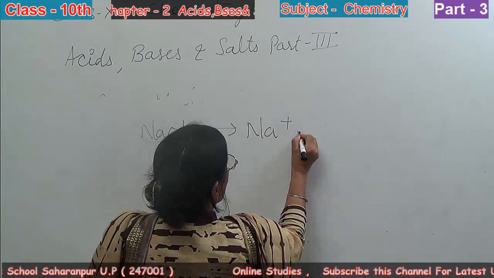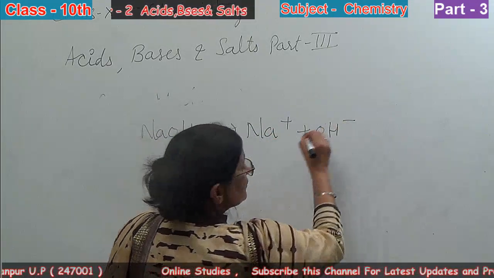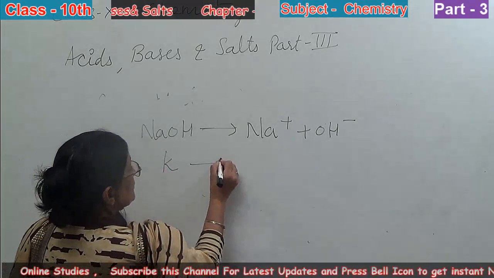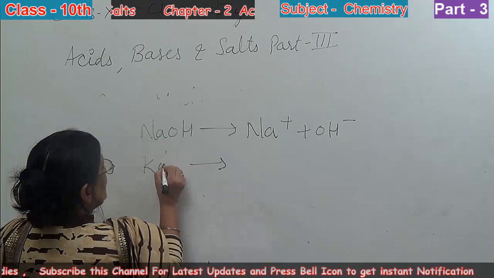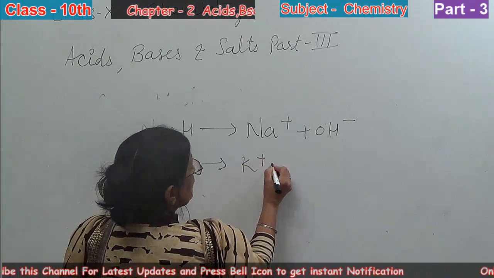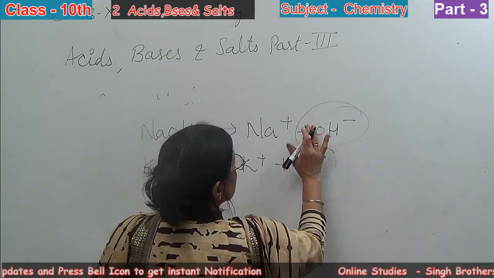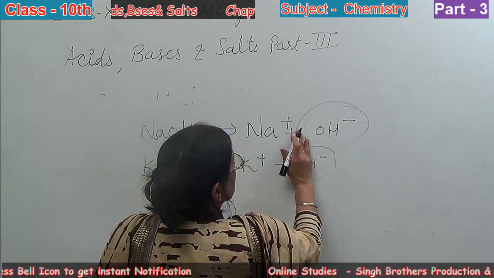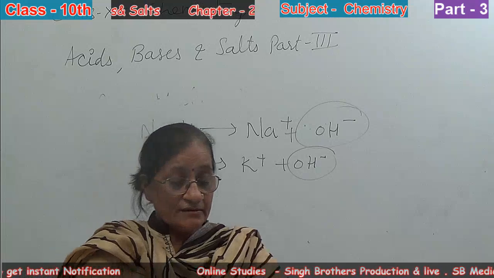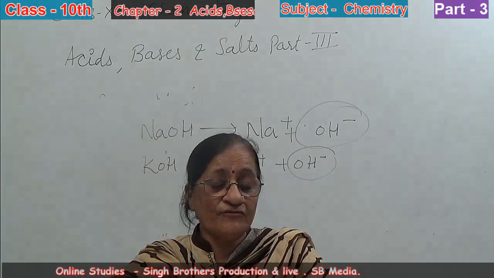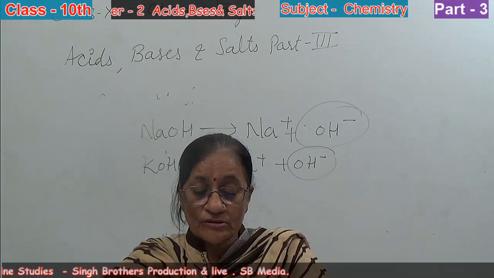It breaks down into Na positive plus OH negative ion. Another example is KOH. It breaks into K positive and OH negative ion. Production of these OH ions is responsible for basic behavior of a compound.